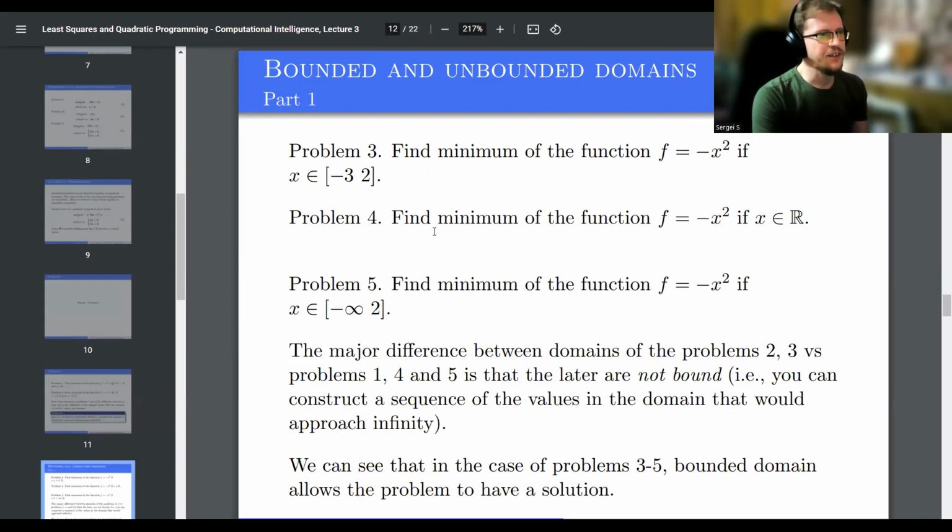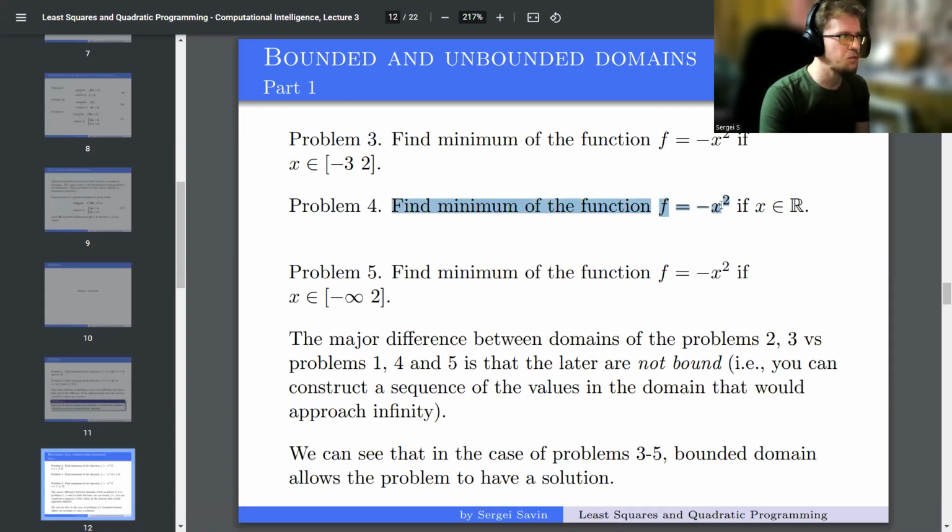Problem 5. Can someone solve problem number 5? Also no solution. No solution, yes. So you can see that problem number 4 wasn't solvable because it didn't have a bound. It didn't have a domain. The domain was too big.